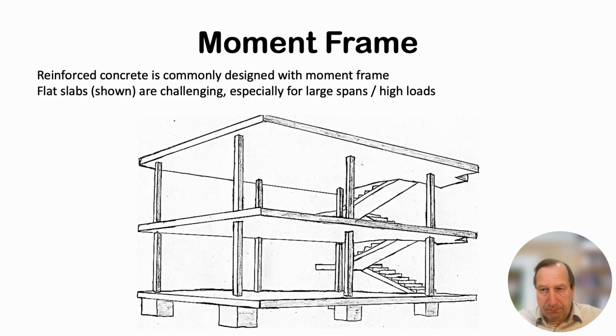So the moment frame, if we dig in a little bit, is almost always designed out of concrete, although in some special applications in the building and also some special buildings, especially seismic zones, we might choose to use steel moment connections.